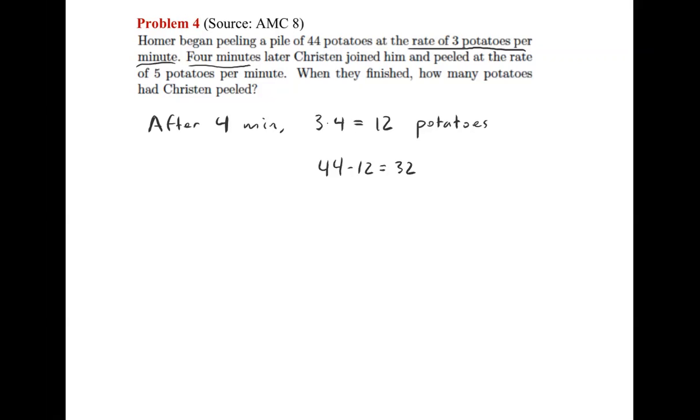So when he joins Homer, they have a combined rate of peeling 8 potatoes per minute. So if we divide 32 by 8, we'll find that it takes them 4 minutes to peel all 32 potatoes.